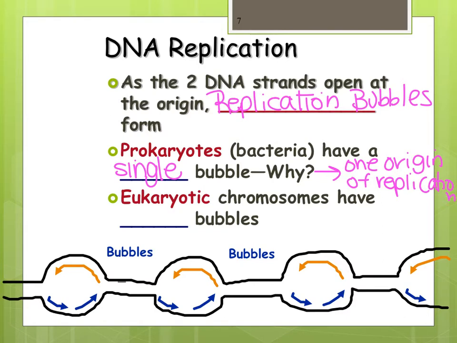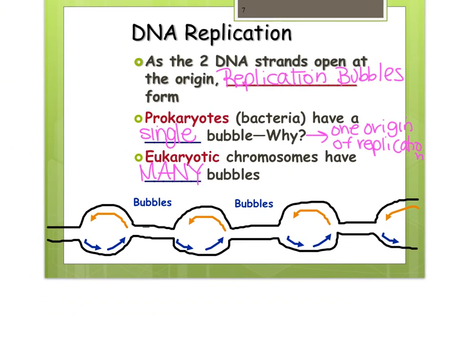Eukaryotic chromosomes have multiple origins of replication. So that means they're going to have many bubbles. These are all these different origins that they're opening up even more. They're going to pull that DNA apart, and we would still have one strand going 5' to 3', and this one 3' to 5'.